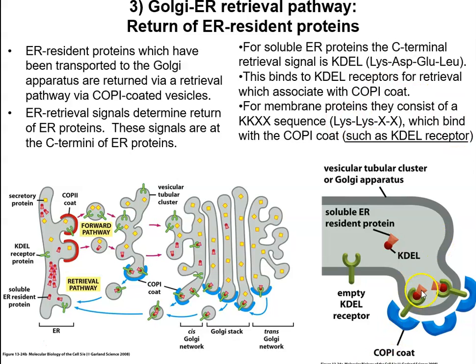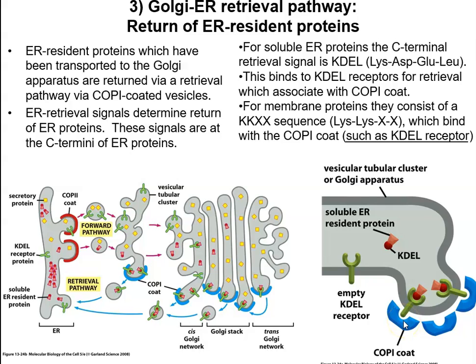Now the KDEL receptor itself interacts with COP1 via a lysine-lysine-X-X, where X can be any amino acid. It's a run of 4 amino acids that's crucial, but it's the first 2 lysines that are really crucial. So this KKXX sequence is what's linking the KDEL receptor to the COP1 protein itself.